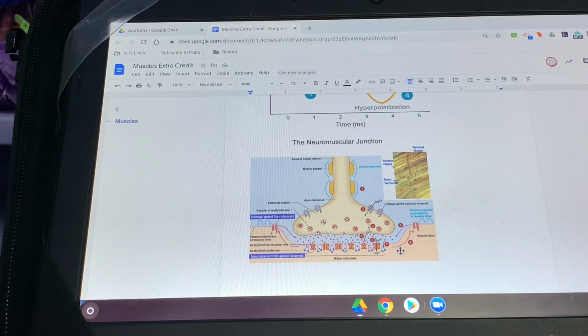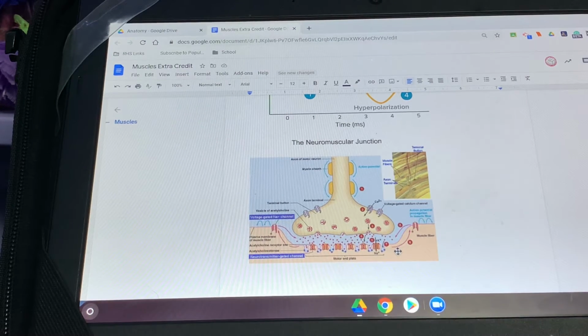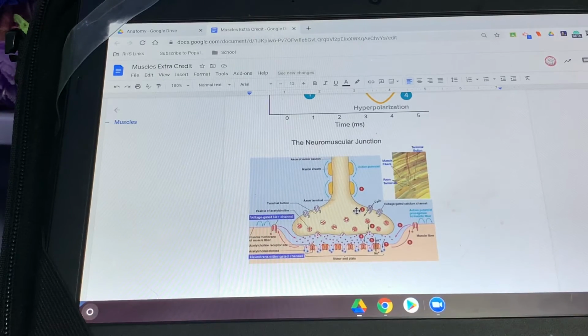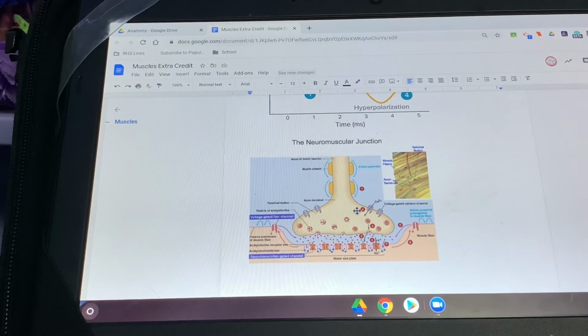So this is a muscle fiber, and this is communicating with a motor neuron. It's not just neuromuscular junctions; it can do it with other neurons, and also glands and stuff.